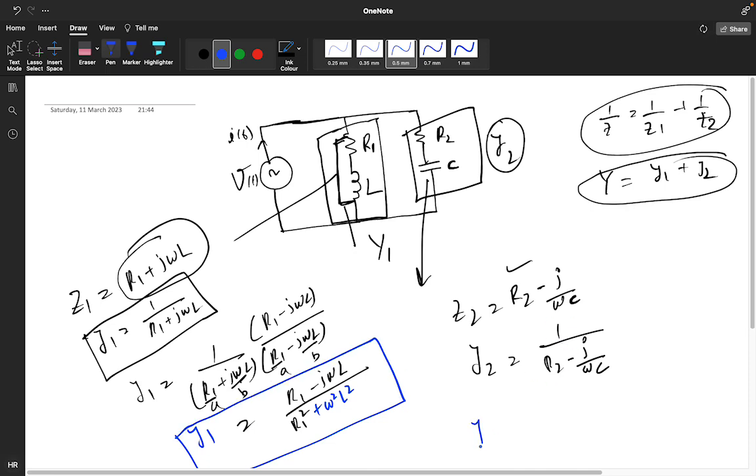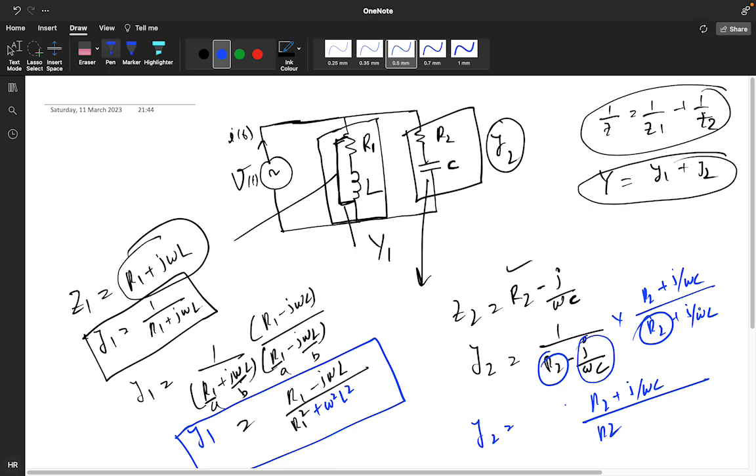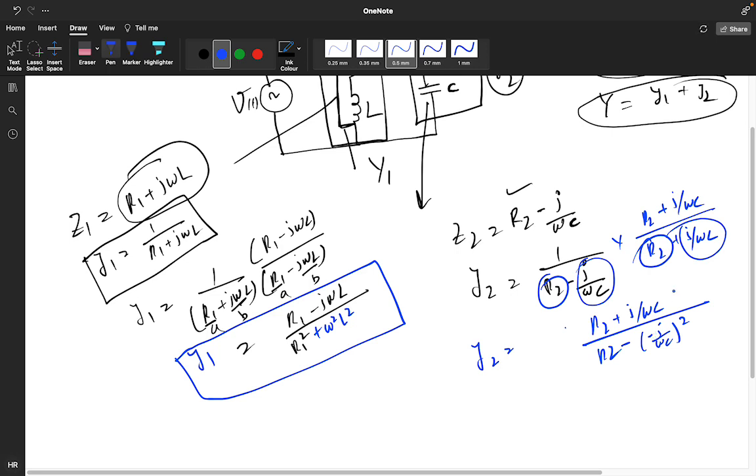What about this one? I have to do rationalization again. Multiplied by R2 plus j by omega C divided by R2 plus j divided by omega C. So what you will get? R2 plus j divided by omega C divided by R2 square minus j divided by omega C the whole square. j square is minus, so minus will become plus.